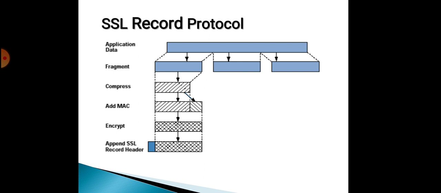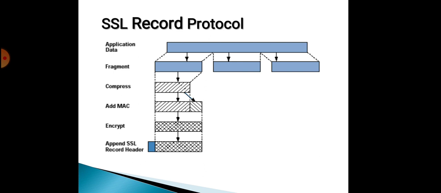The SSL record protocol provides two services for an SSL connection, that is confidentiality and message integrity. Confidentiality: the handshake protocol defines a shared key for encryption of the SSL payload. Message integrity: the handshake protocol defines a shared key for the message authentication code.